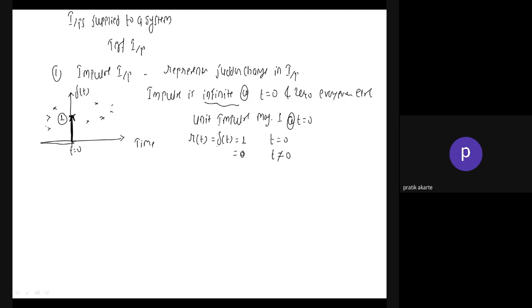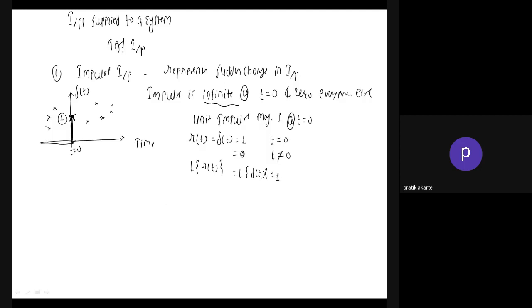Everywhere else except t equal to 0, the value of the impulse input is 0. Now if we take the Laplace transform of this, we can write r of t, which is the Laplace of delta t, is equal to 1.